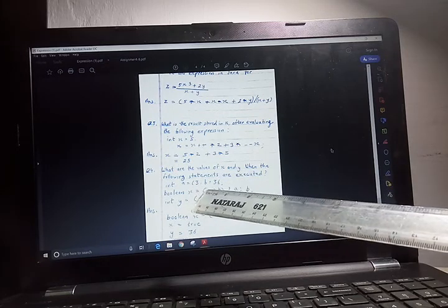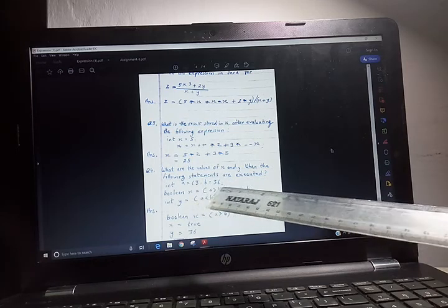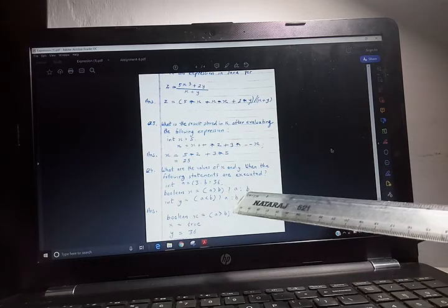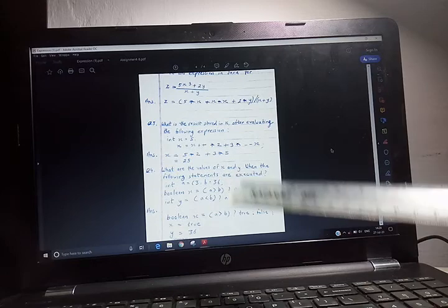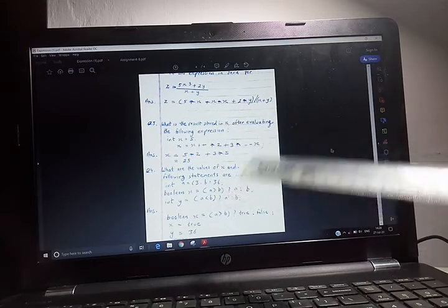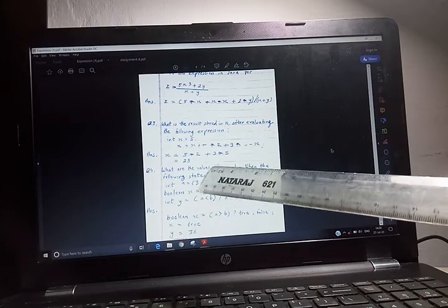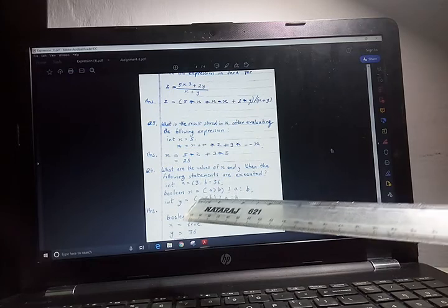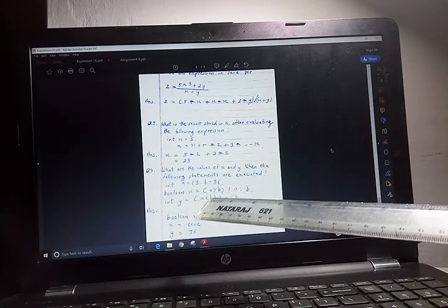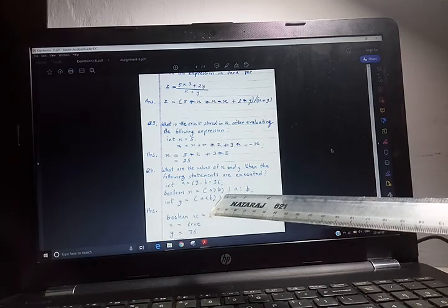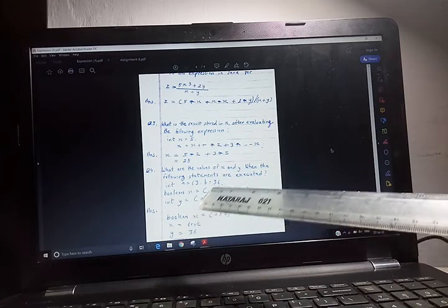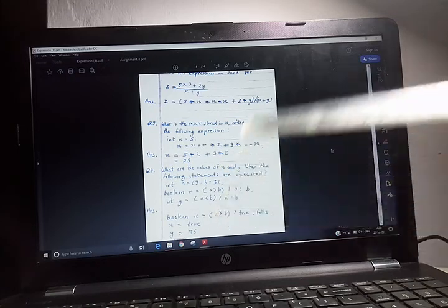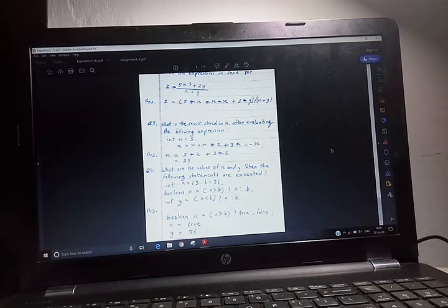In the ternary operator, the first is the condition, then question mark, expression 1, colon, expression 2 and semicolon. All of you know this. In the previous video I already explained it to you. Then next is y equals a less than b: this is the condition, question mark, a colon b, expression 1 and expression 2.